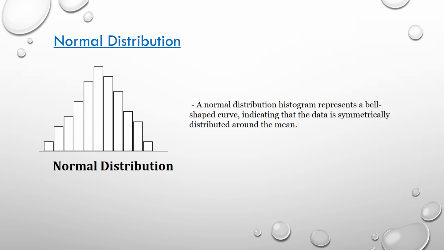The majority of the data points cluster around the mean average, and the distribution is characterized by its shape, which is determined by the mean and standard deviation. The standard normal distribution has a mean of 0 and a standard deviation of 1.